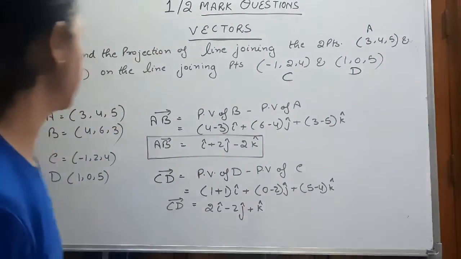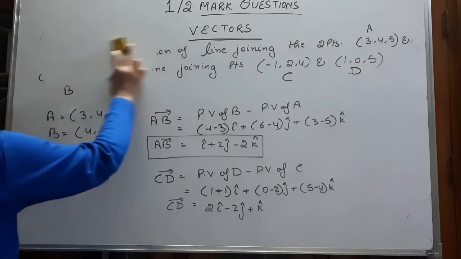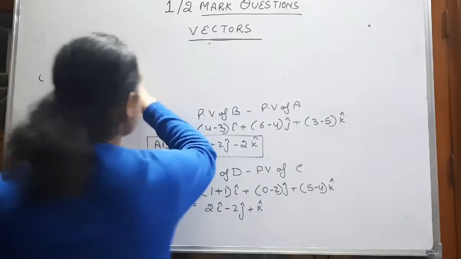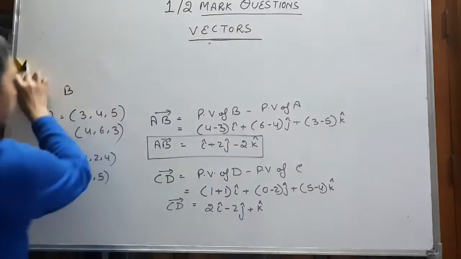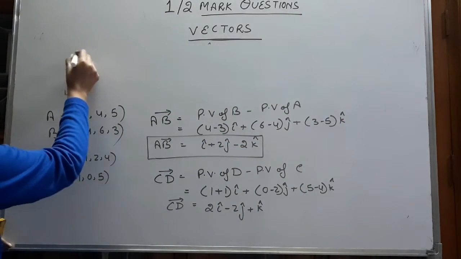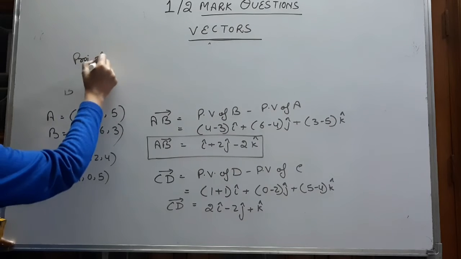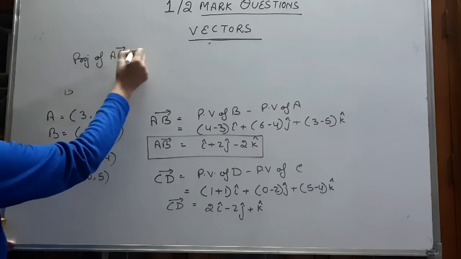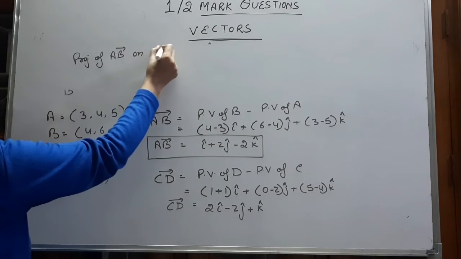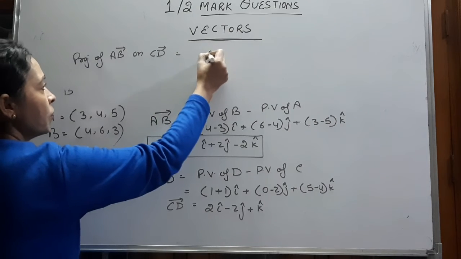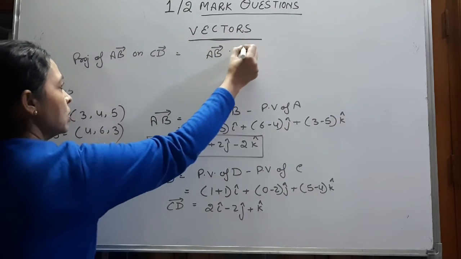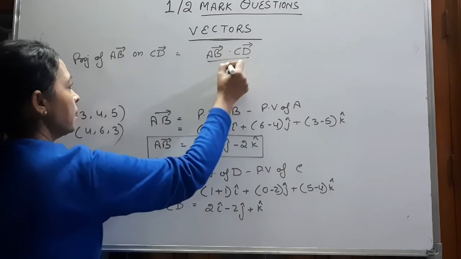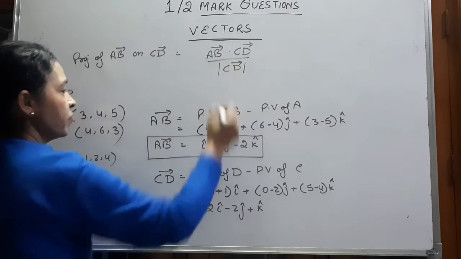Children, pause the video and note it down. The projection of vector AB on vector CD will be vector AB dot vector CD upon the magnitude of vector CD.